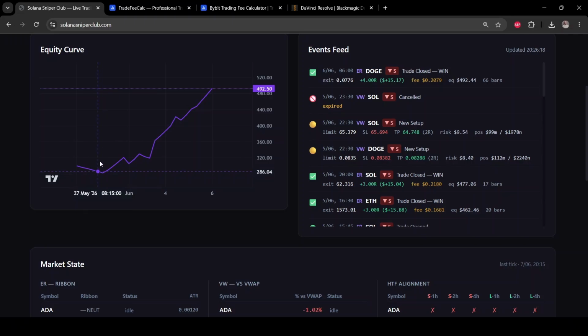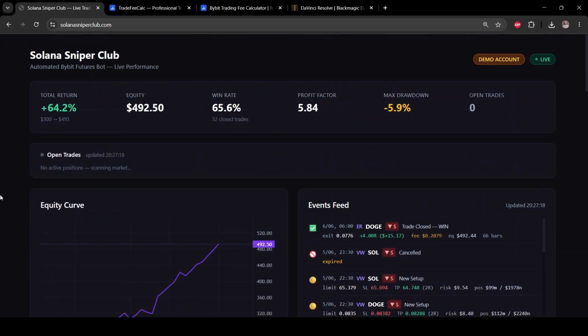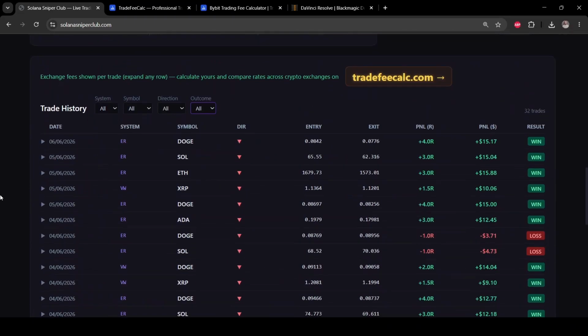Mostly it's 1% per trade. So even if we have losing streaks, it doesn't blow the account. It doesn't even get close. And remember, we have take profits of 1 to 3 and 1 to 4, so we can have a couple of losses in a row. It's no problem.